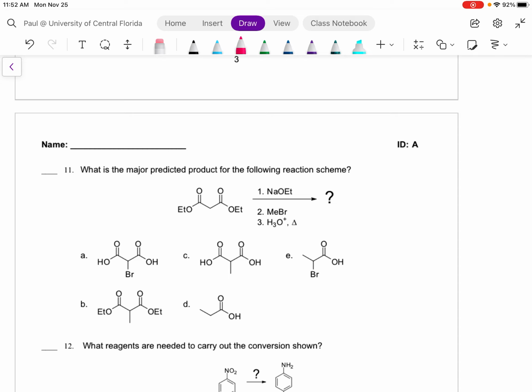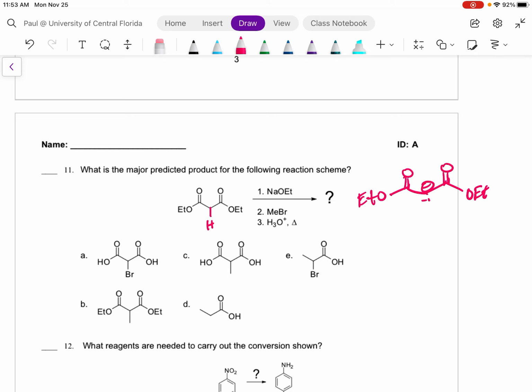Question 11. What's the major predicted product for the following reaction scheme? Okay. So we're going to first abstract that proton to make this species.